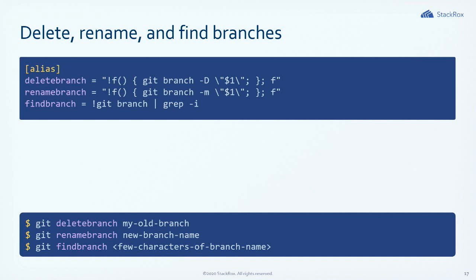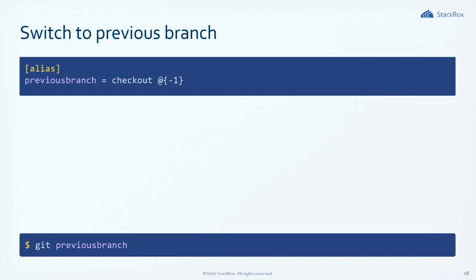You just do git find branch and enter a few characters of your branch name, and this command will list all the branches matching your keyword, and you can check out and complete your tasks. I also have this one, switch to previous branch. So if you're working on a branch, run this command and you go back to the branch you were on.